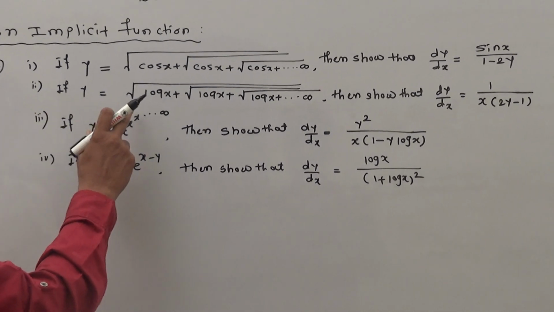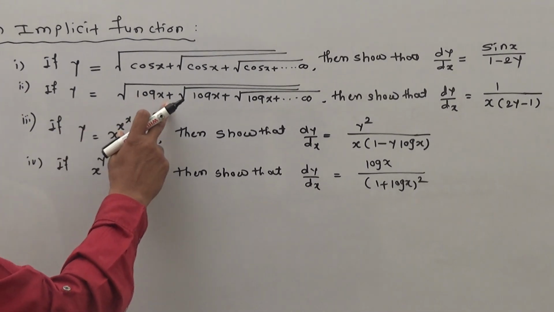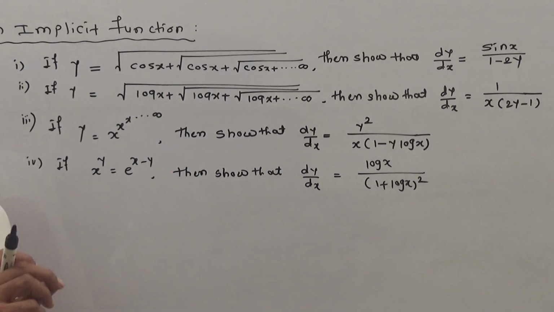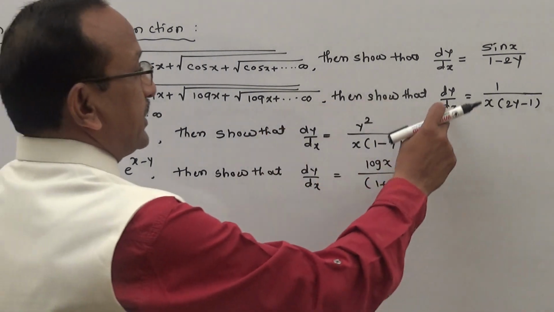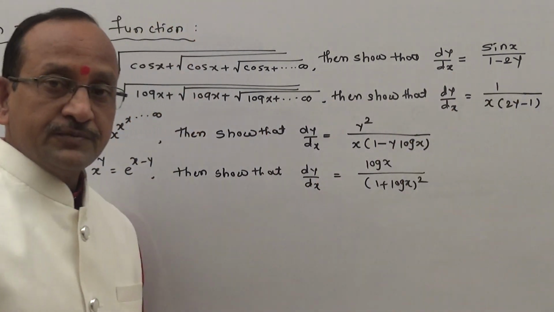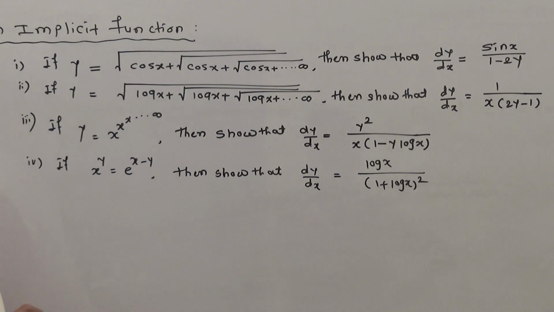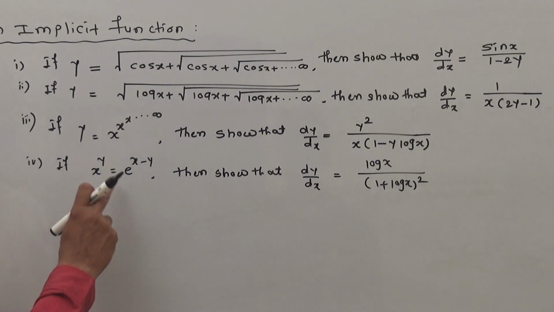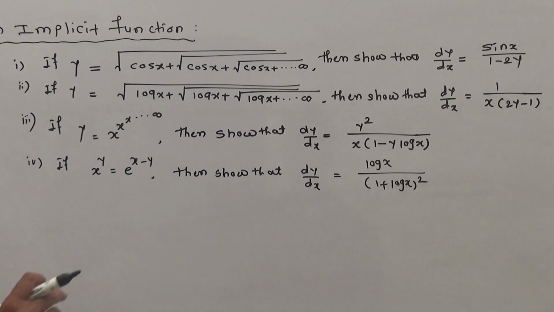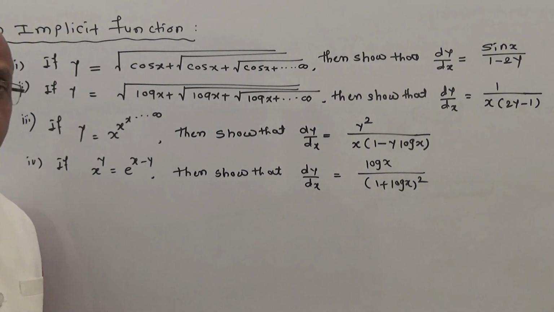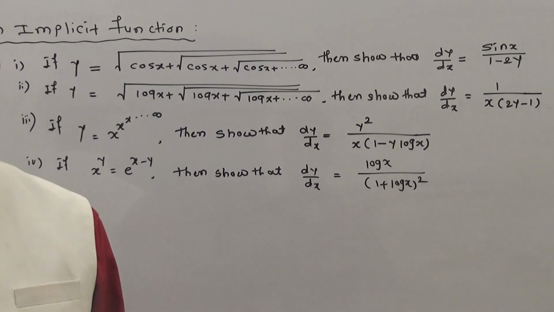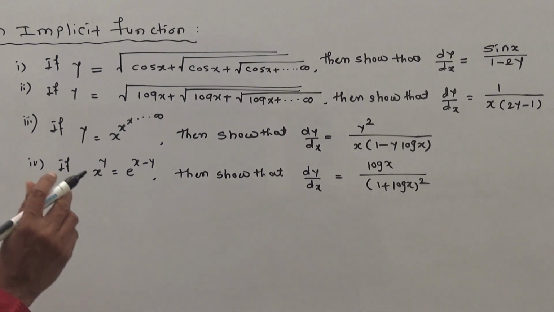Second one, if y is equal to root of log of x plus root of log of x plus root of log of x plus dash dash dash infinity, then show that dy by dx is 1 upon x into 2y minus 1. Then similarly, if x raised to power y is equal to e raised to power x minus y, then show that dy by dx is equal to log x upon (1 plus log x) square. Then how to solve these examples?